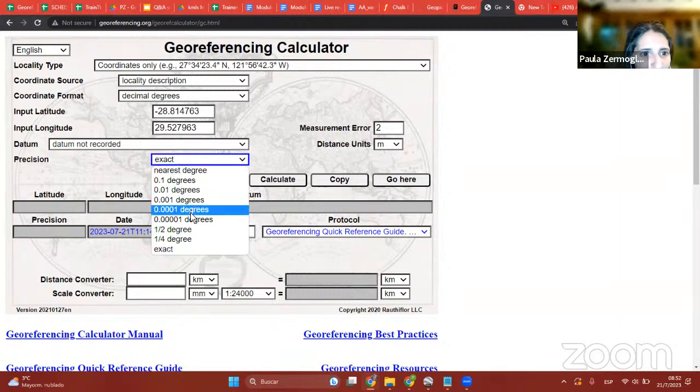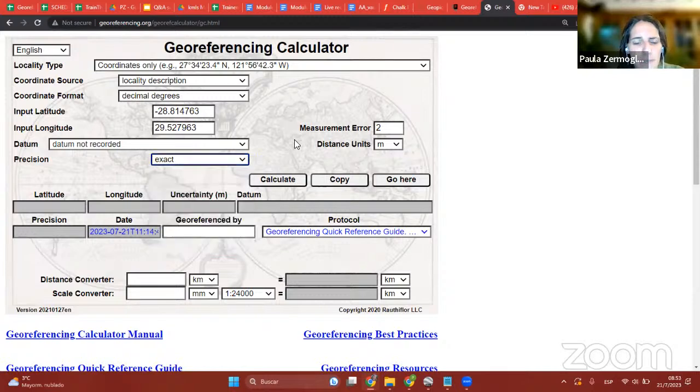Only that on the list we don't have that option. We only have up to 5 decimal places, and so we don't have the option to choose that, which is the real precision, and so we choose exact. But all your answers are correct. Okay, so once we have dealt with that, we only have to complete measurement error and the units for that error.